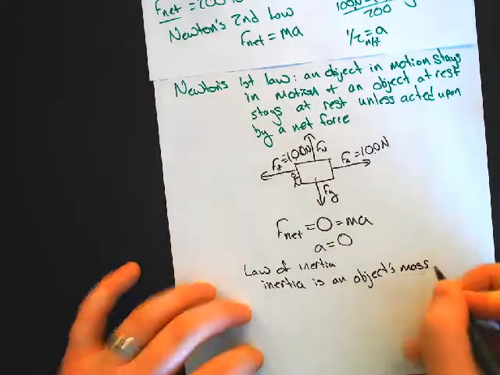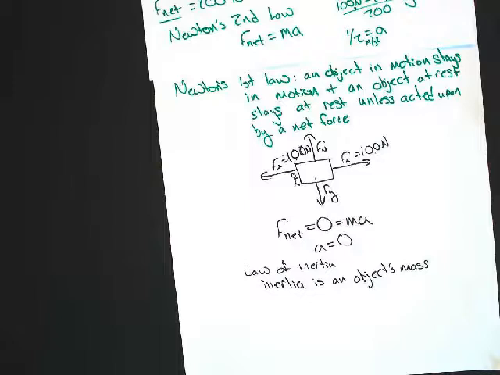The more mass you have, the more inertia, meaning the less tendency to change your motion. The less mass you have, the more tendency you have to have your motion changed. All right. Questions up to this point? Somehow we are way ahead of schedule.